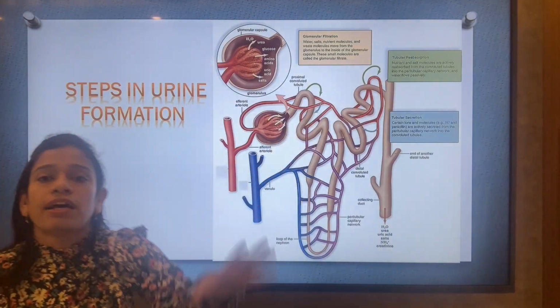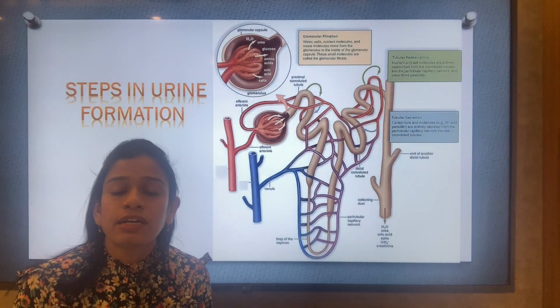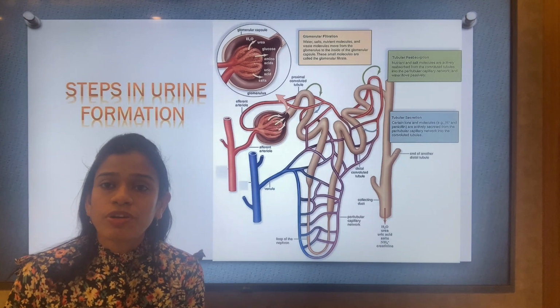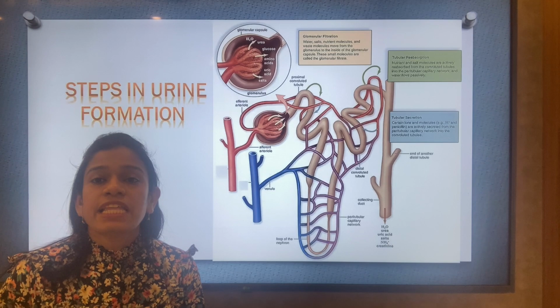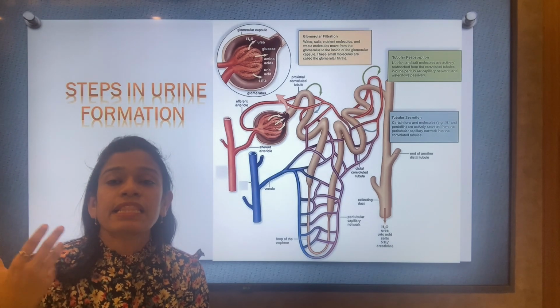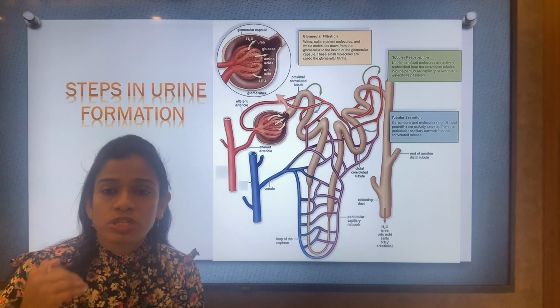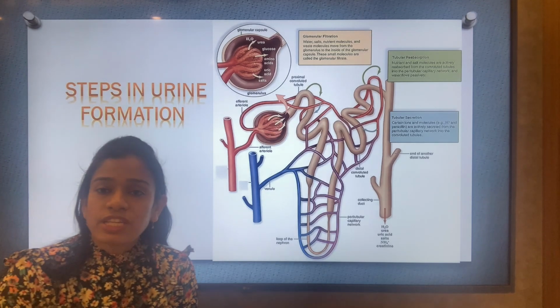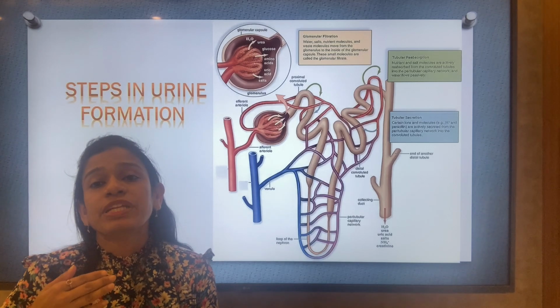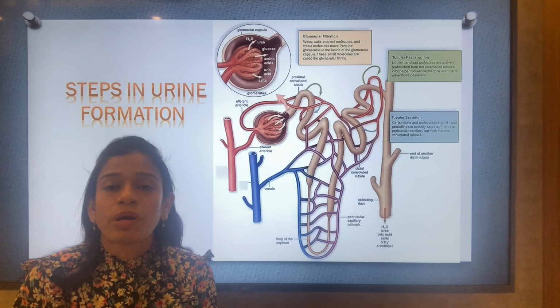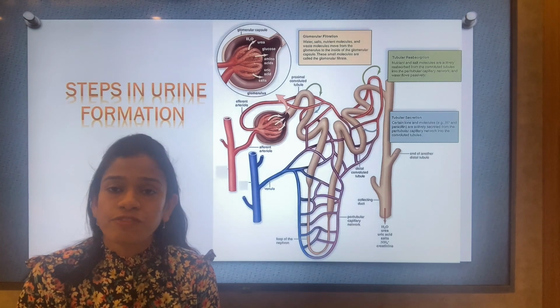There is another process taking place, the process of tubular reabsorption. In tubular reabsorption, what happens? Our body has a tendency that during glomerular filtration, some important products may have been taken out from the blood which are required or necessary for the body.